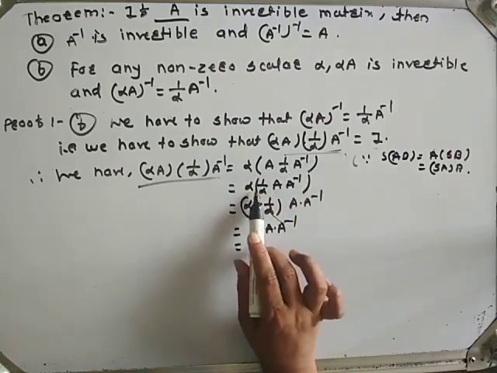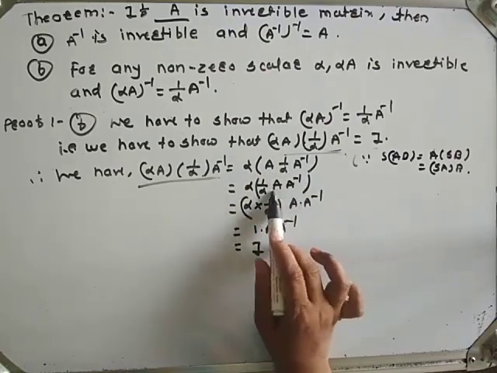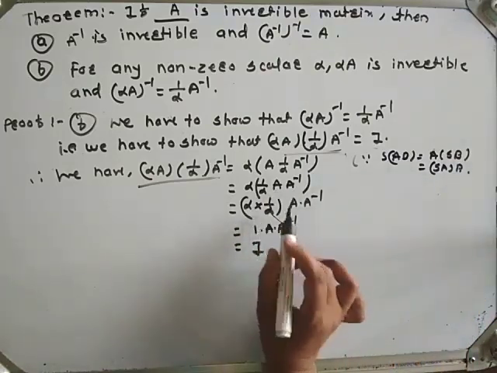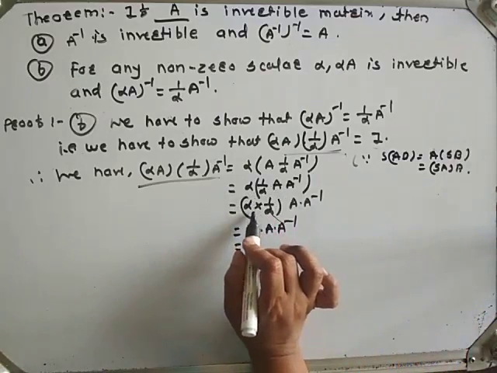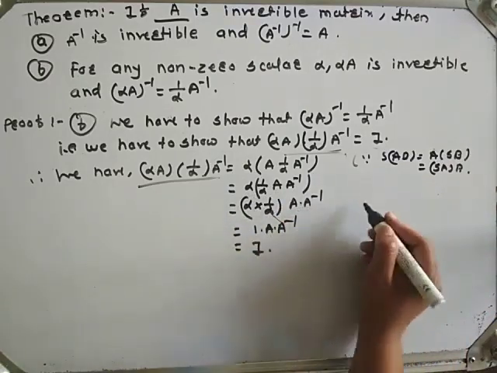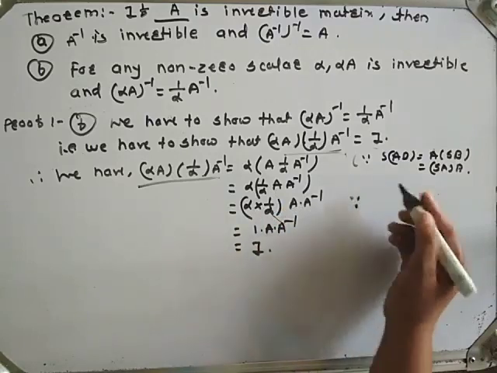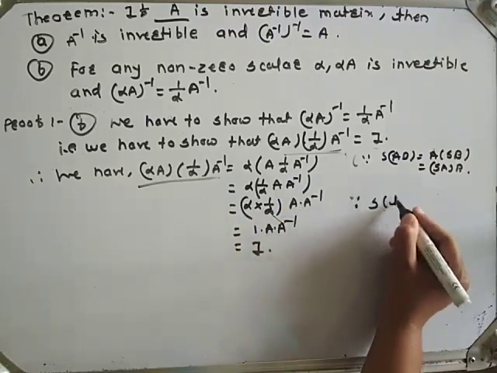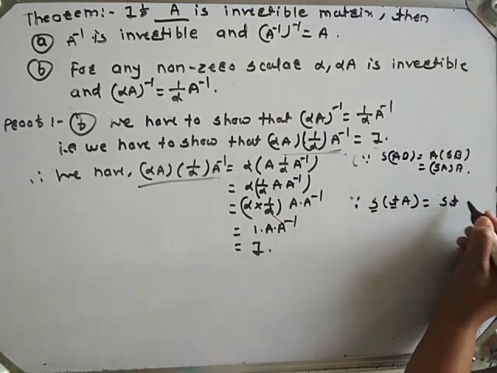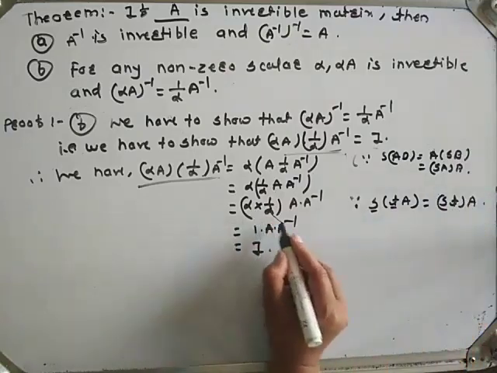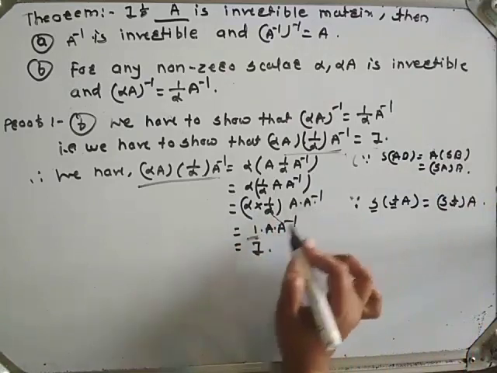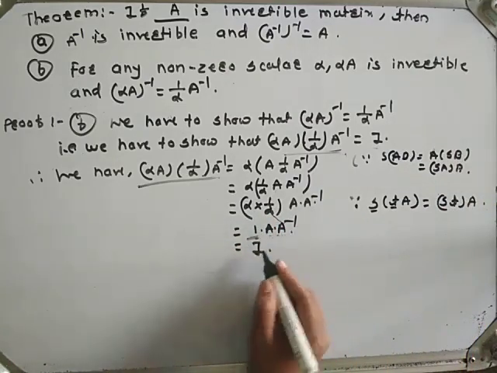This can be written as alpha into 1 by alpha A into A inverse, again by this same property, since if S and T are scalars, then S into T into A can be written as S into T into A. We know that alpha into 1 by alpha is 1, into A into A inverse.